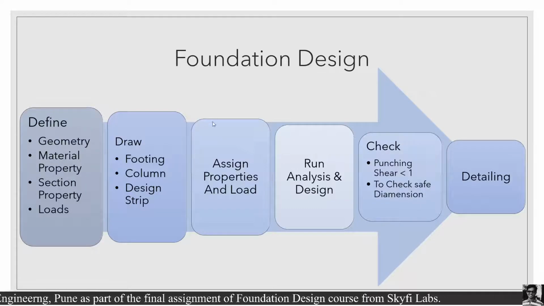These are the foundation design steps. Generally, the foundation design consists of 6 steps. First is define. In that we define the geometry of the foundation, the material properties, section properties, and the load, that is load cases, load combinations, and load patterns. Then draw.